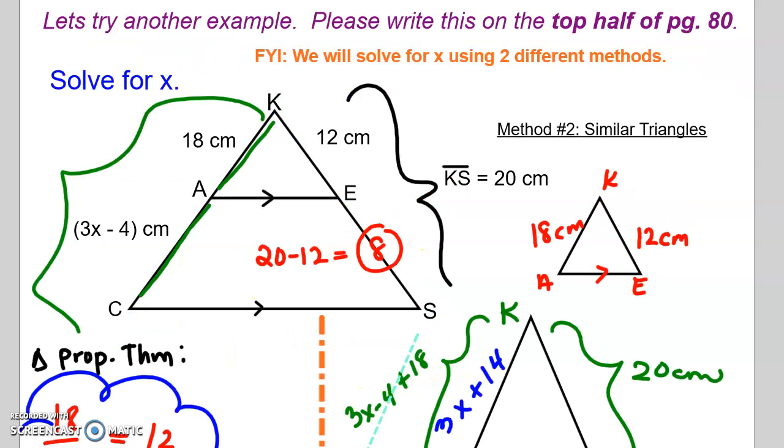All right, so this problem, there's actually a lot going on. I'm going to do this problem in two different solving methods. The first method I'm going to apply is the triangle proportionality theorem, the new theorem we're learning.